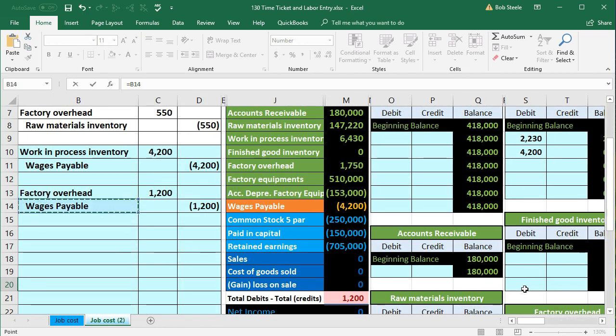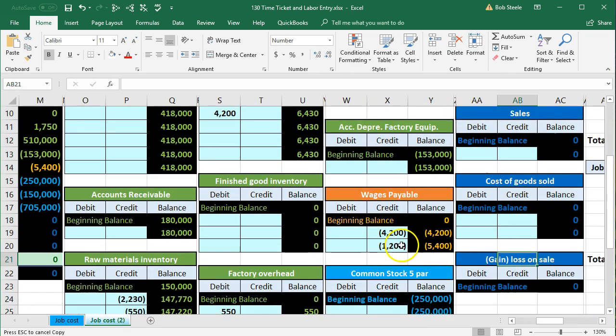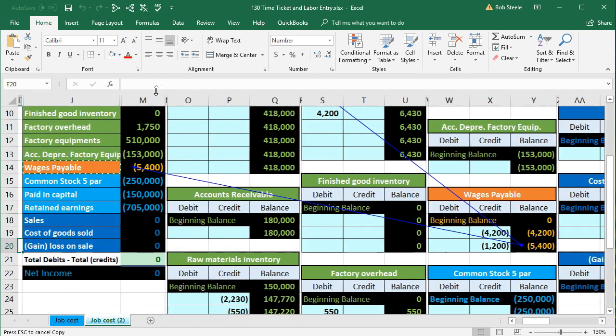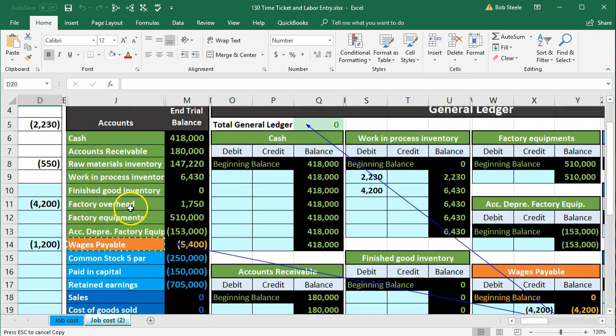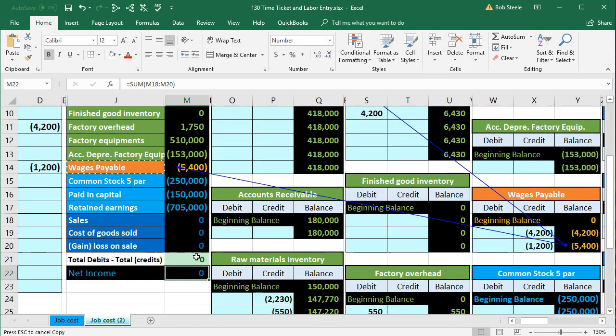Wages payable. We'll pick that up in D14 and enter. So here's wages payable equals D14. It was at a credit of 4,200. It goes up in the credit direction, 1,200 to 5,400. That then is used to create the trial balance, and the trial balance is back in balance, debits equaling the credits. Debits minus the credits equals 0. Still no effect on net income here.